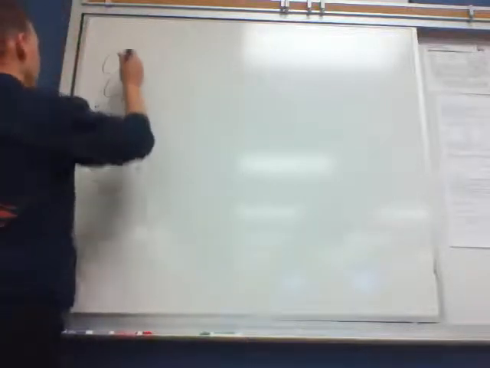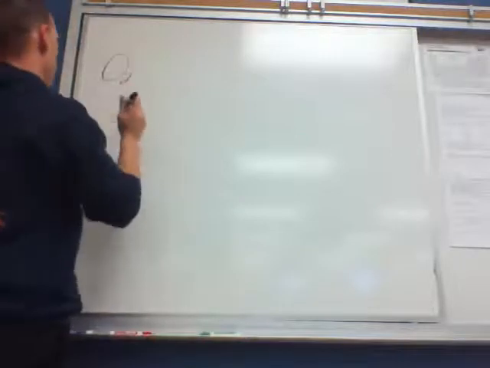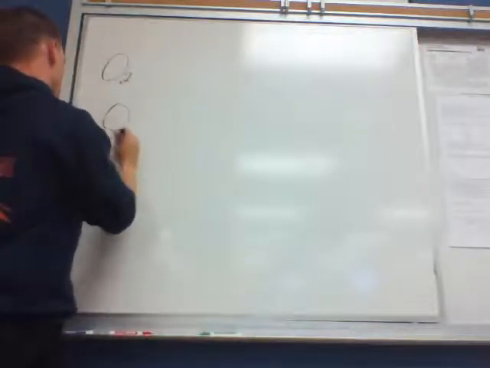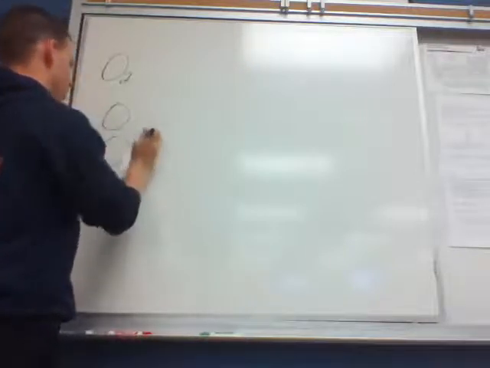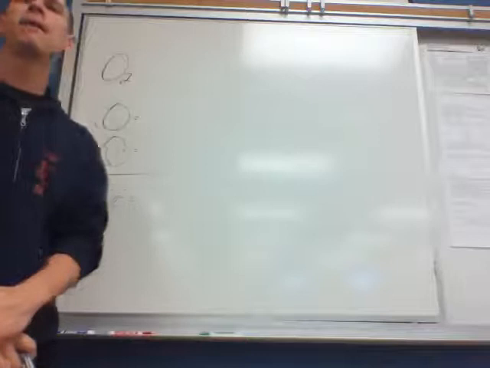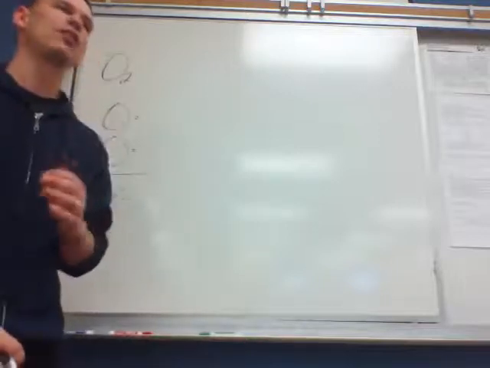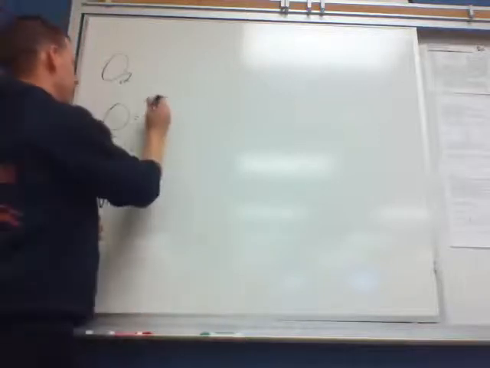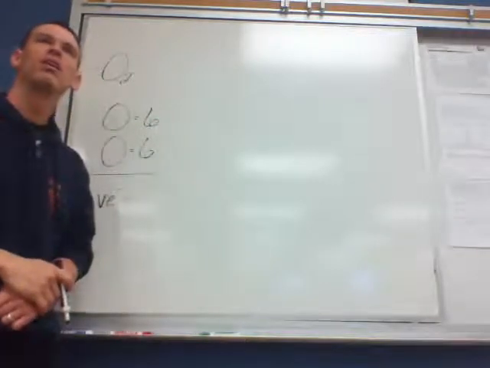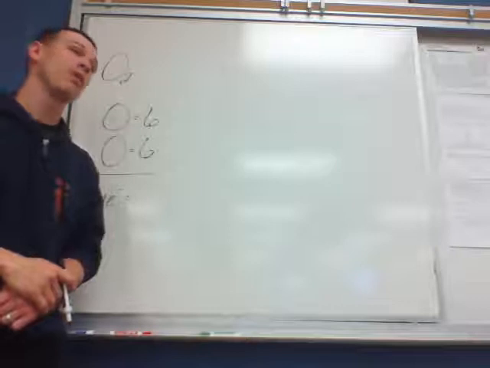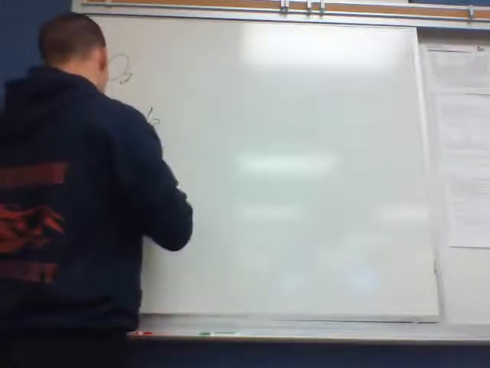Let's make our list. All right, we're dealing with 2 oxygens. We need a valence electron count. How many valence electrons does each oxygen have? 6 apiece, because they're in group 16. How many total dots will we draw this time? 12.